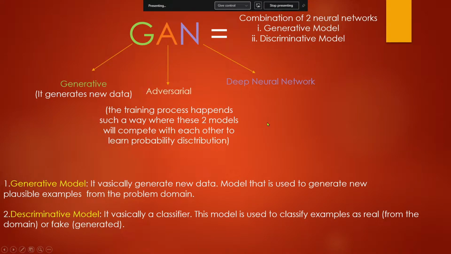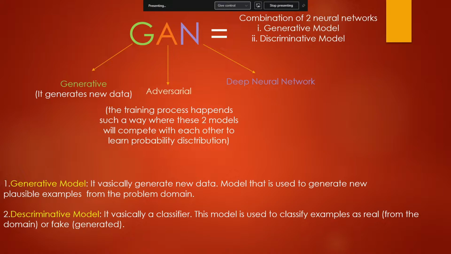So the generative model basically generates new data. I'm just giving some basic knowledge now. I will dive deep in the later part, so just hold your chair. The generative model is used to generate new data. And the discriminative model is basically a classifier.